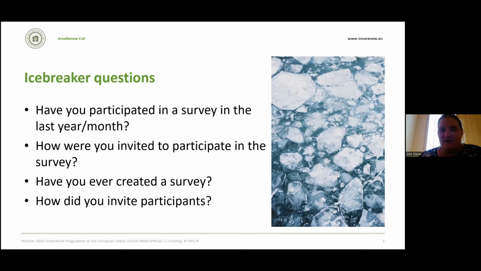This is maybe a lot to respond to, but let me guess: probably you posted your link somewhere online. Maybe you emailed it to colleagues and asked them, can you please forward this to other colleagues? Or you posted it on the Facebook page of your organization, and so on. So there are various ways to do it.